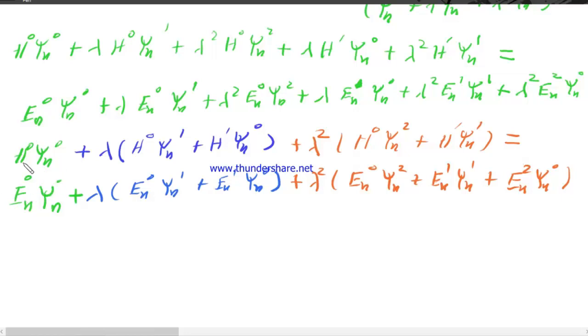Now we compare this equation on both sides. These two are equal because here the lambda power is 0 and here also 0, then H0 psi_n0 is equal to E_n0 psi_n0.